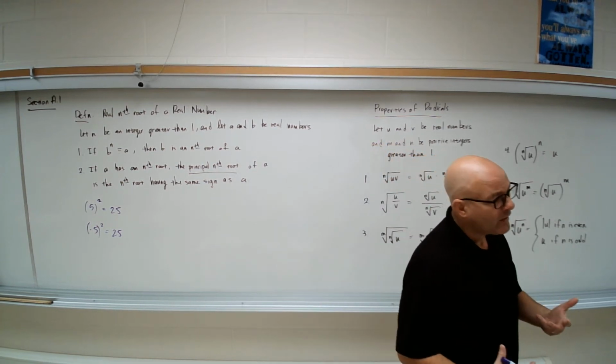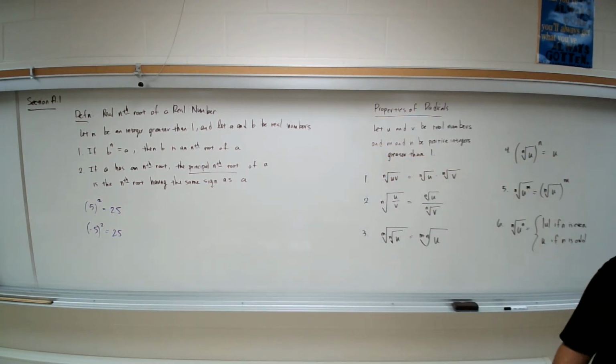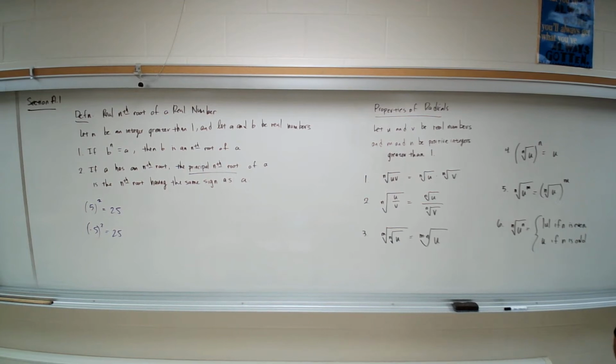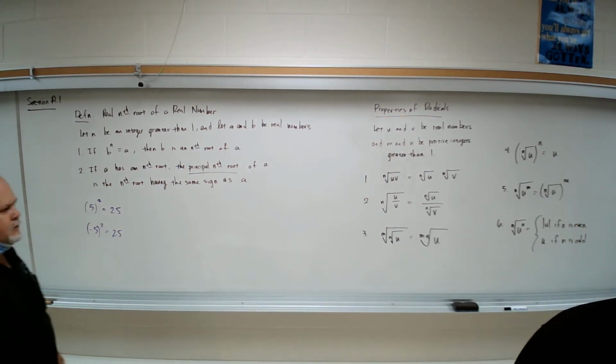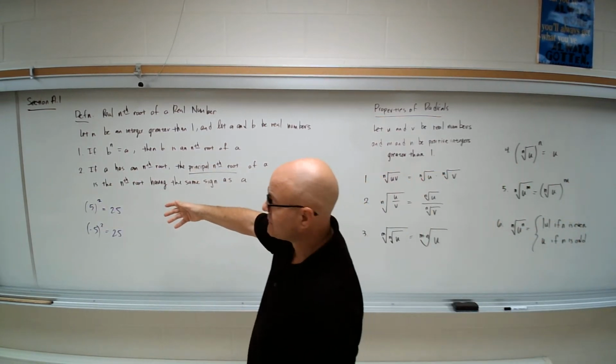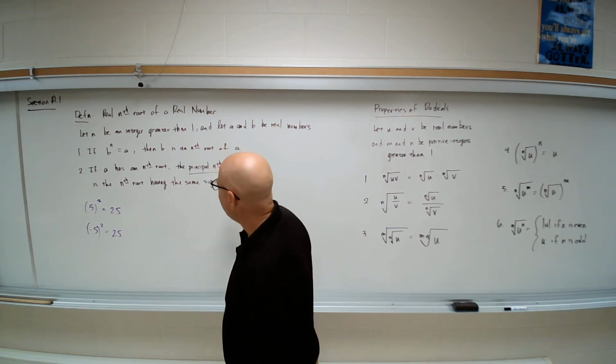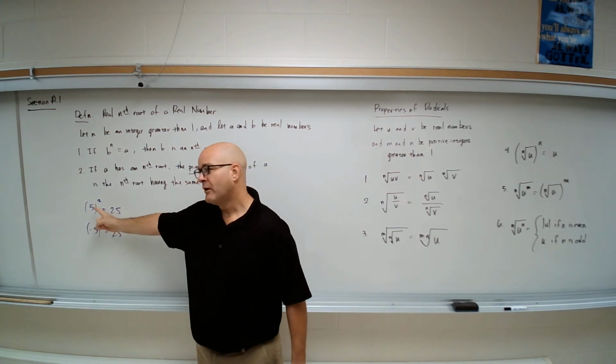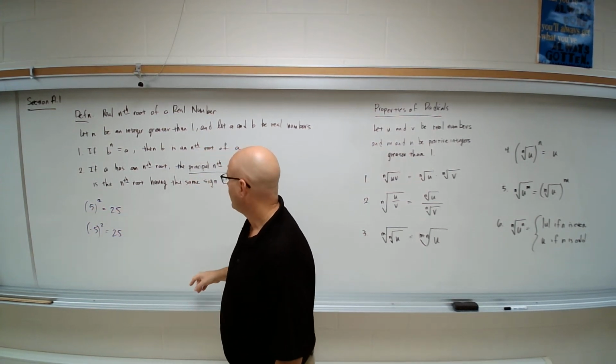So they're both square roots of 25. 5 is a square root of 25. Negative 5 is a square root of 25. Because really, you don't know which one you squared to get it.